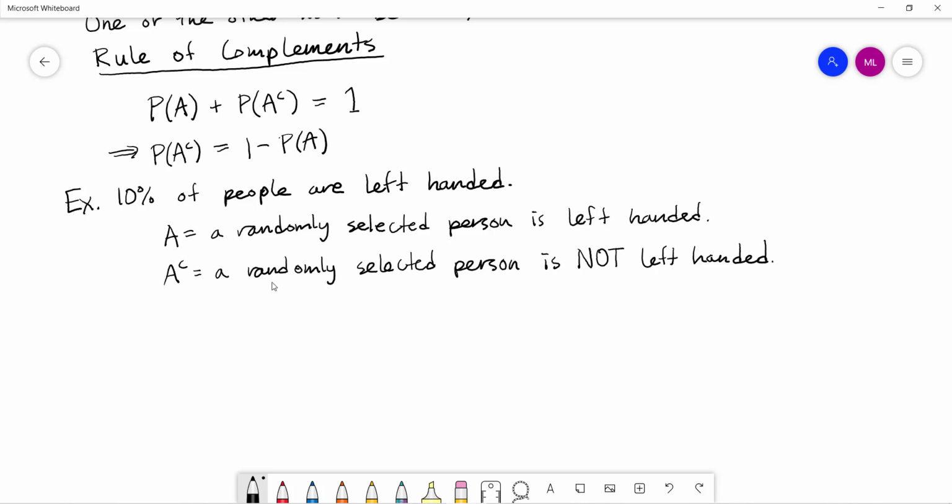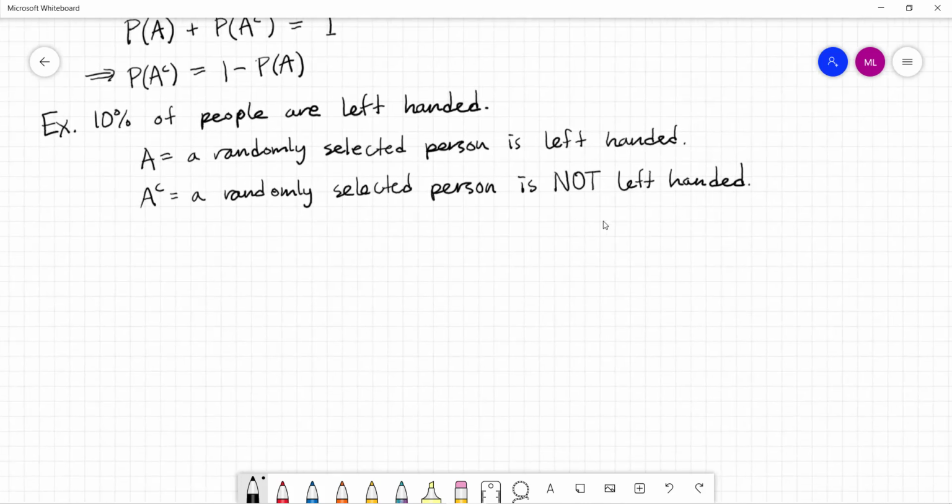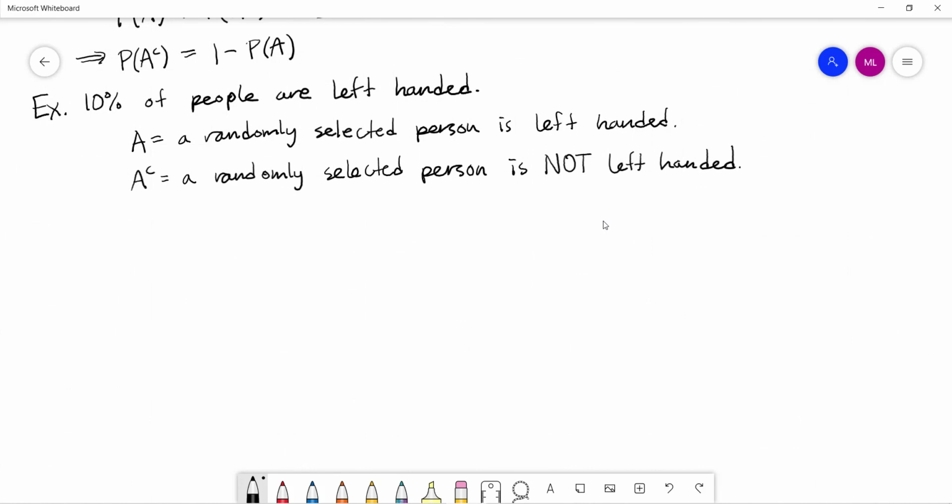Some people probably were inclined to say, instead of not left-handed, right-handed. So a randomly selected person is right-handed, and that would be the complement of left-handed. But it turns out that that is not quite the case. So just as a side note, A complement can't be right-handed.